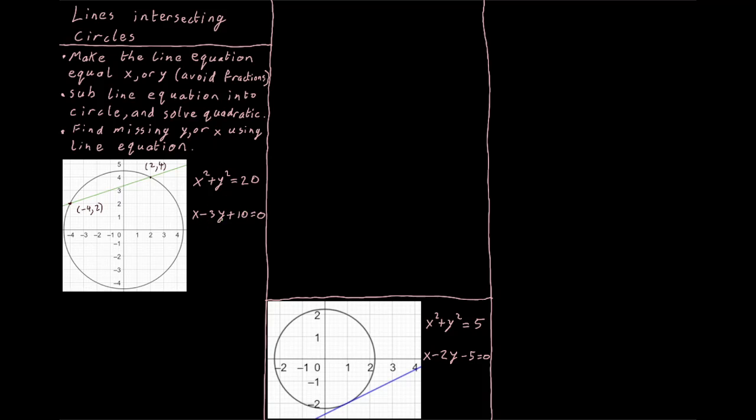So here, if I tried to isolate y, if I tried to get y by itself, I'd have to divide everything by minus 3 at some point, which would leave me with an unpleasant fraction. So I'm going to get x is equal to everything, because that I can see isn't going to involve me having to do fractions. So I'm going to write my line equation and I'm going to get x by itself.